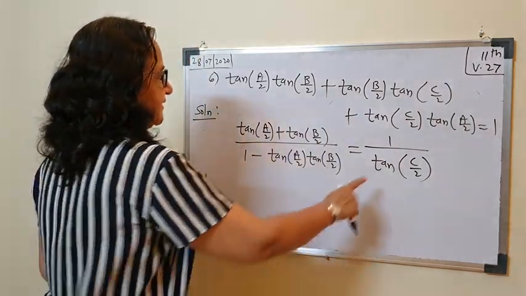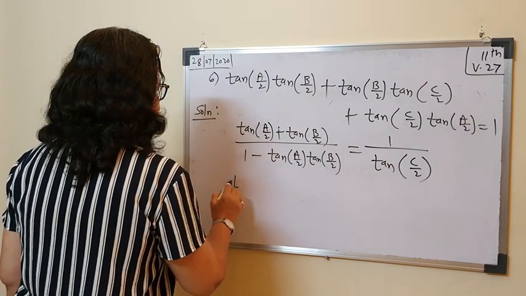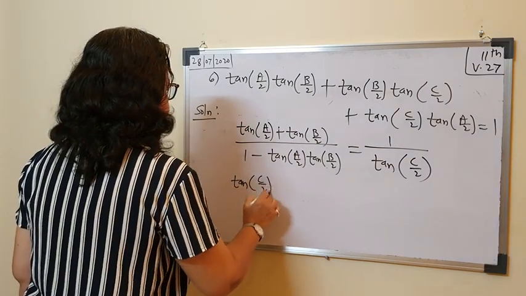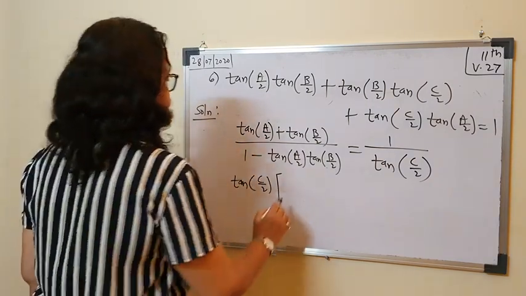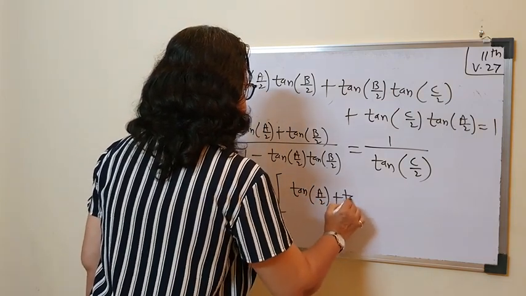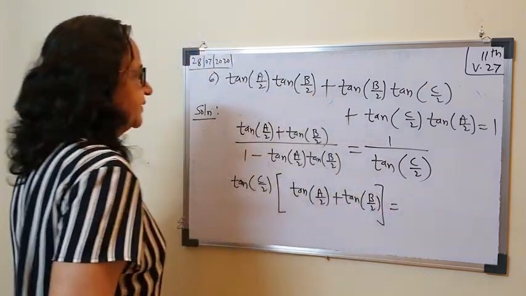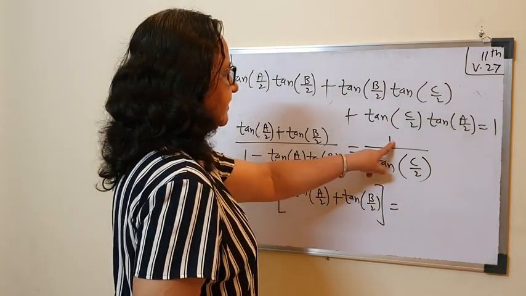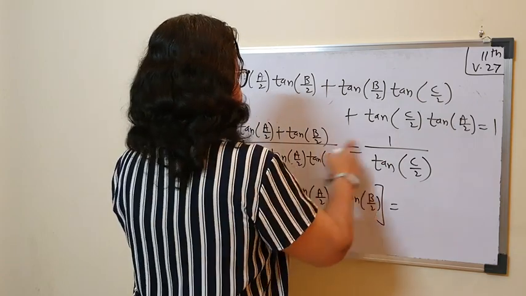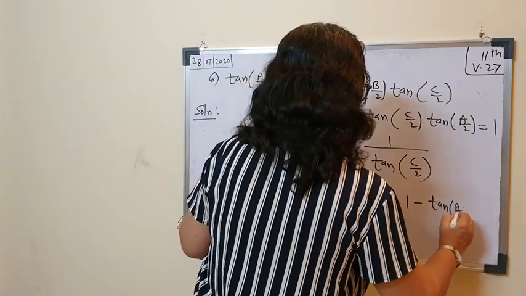And now cross multiply. Tan C by 2 into this is all this into 1. So cross multiply. So tan C by 2 into bracket tan A by 2 plus tan B by 2 will be equal to other way, all this multiplied by 1. So it is 1 into this, that is 1 minus tan A by 2 tan B by 2.